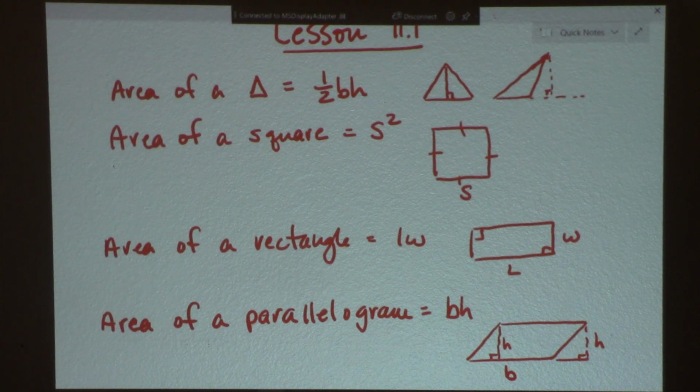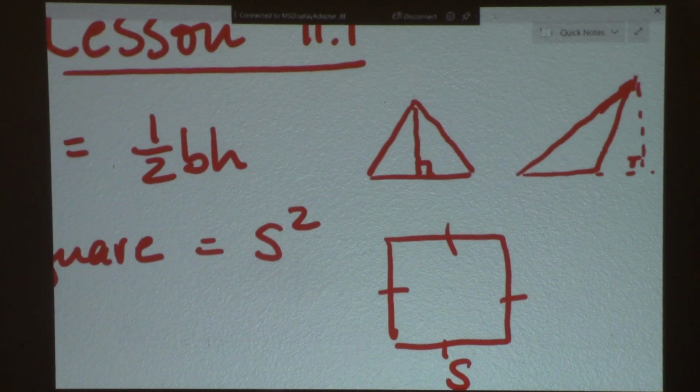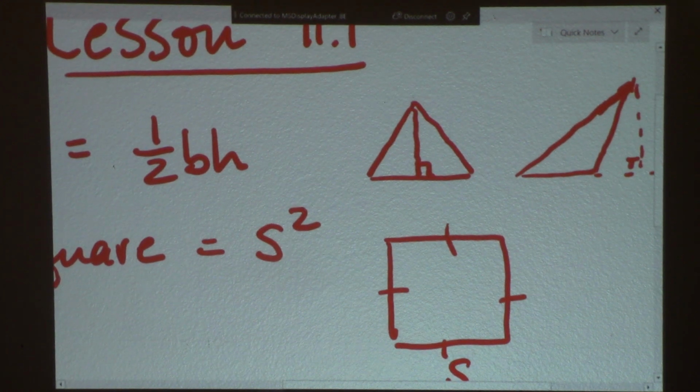Now I want to talk about a few things. The first thing is how you find the height of a triangle. I'm going to focus in on these little pictures here. Here's my triangle. The base is the horizontal distance along the bottom. Now what is the height? The height is always the perpendicular distance to the base.